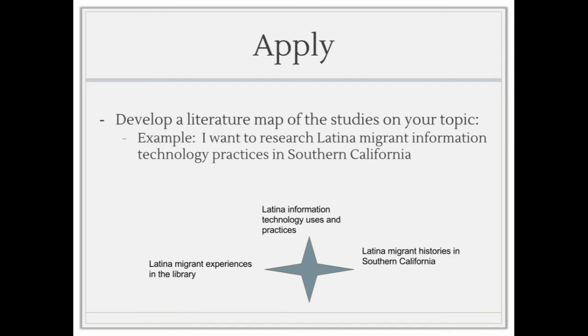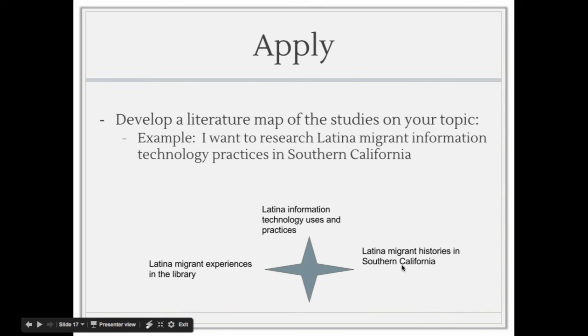One way that you can start to apply this is to develop a literature map of the studies on your topic. So as you're starting to think about your topic, you want to break it down into smaller themes to proceed with your research. So the research I'm looking into is Latina migrant information technology practices in Southern California. I want to first look at the literature written on Latina information technology uses and practices.